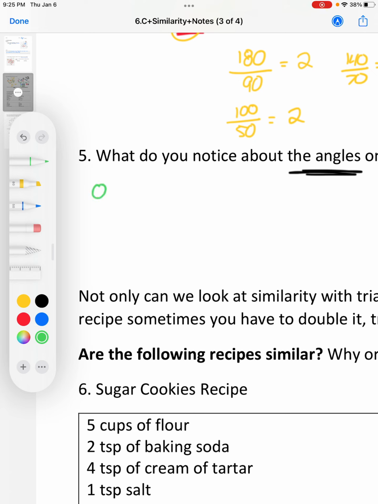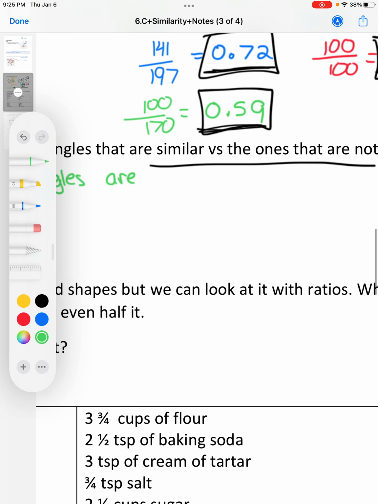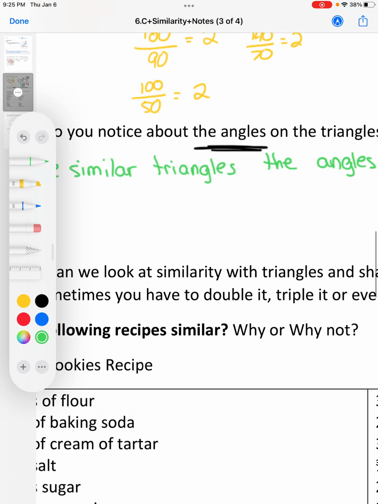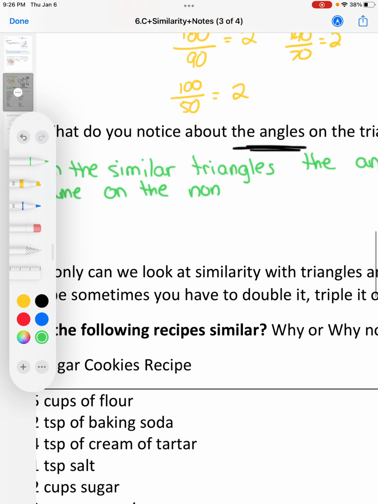Okay, so what did we notice? We noticed that on the similar triangles, the angles are the same. They are not the same on the non-similar triangles.